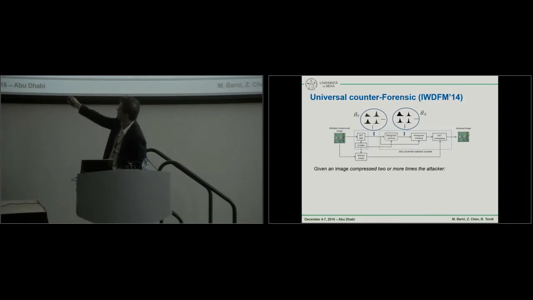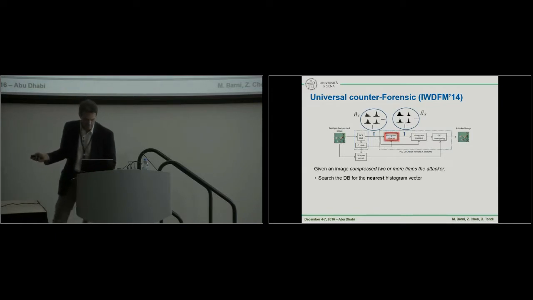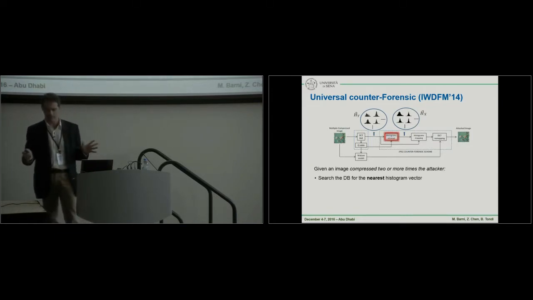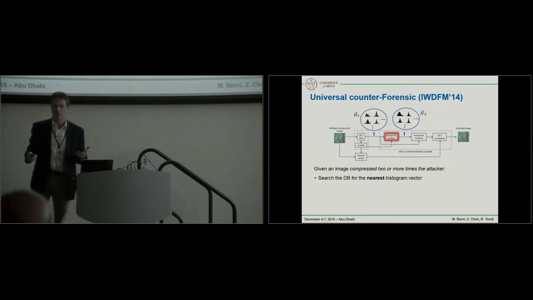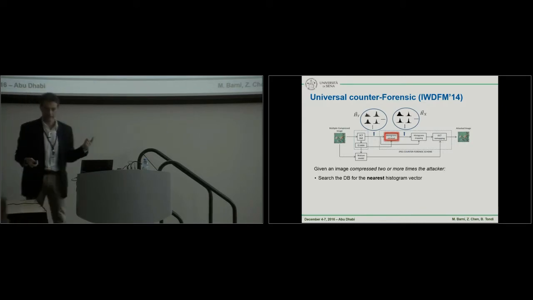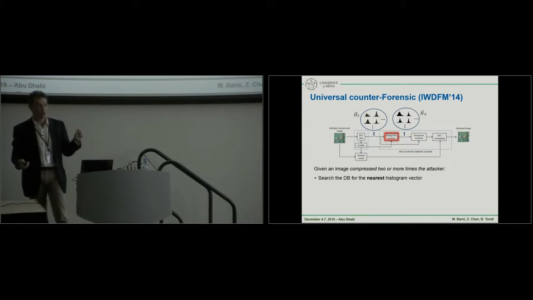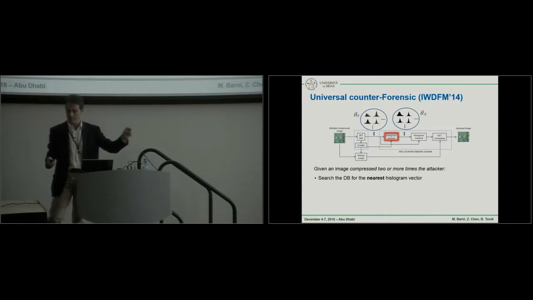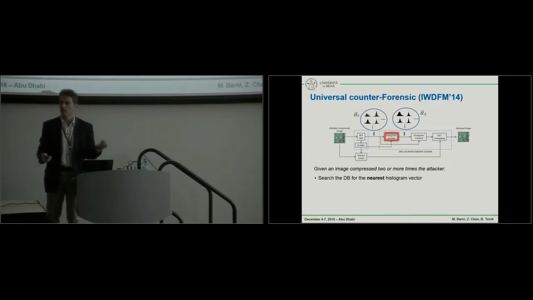Given one image that has been compressed twice or more, the attacker has a reference dataset of images that have been compressed once. The attacker looks into this dataset for one image whose vector of histograms of all the DCT coefficients is as close as possible to the double JPEG histogram that he wants to counterfeit.